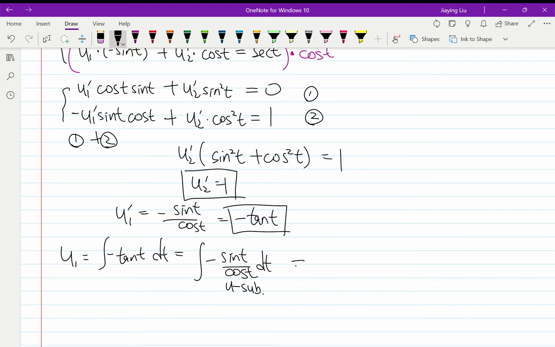If you have it memorized, it's going to be natural log absolute value cosine t. Or you can just look it up. I'm not sure that's good advice, but I did. I looked it up.